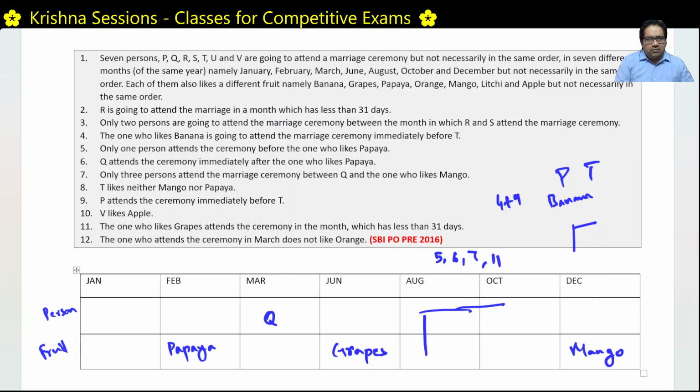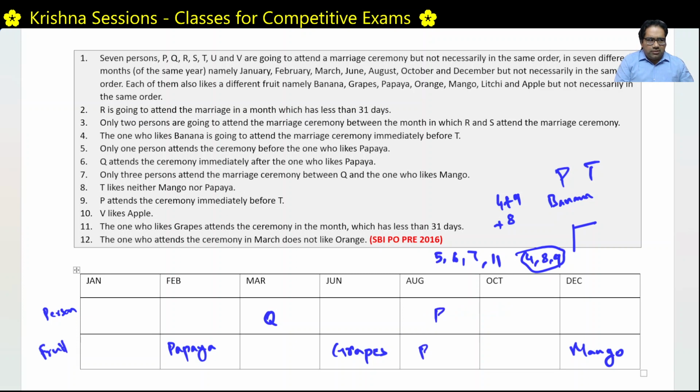This is also gone. Because T cannot like that as per condition number 8. 4 plus 9 plus 8. So we are reading 4, 8, 9, all 3 together. Then only this slot is available for P, banana, and T together. So this will be P.